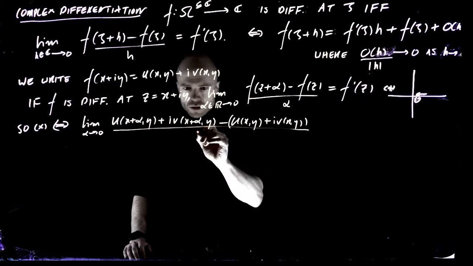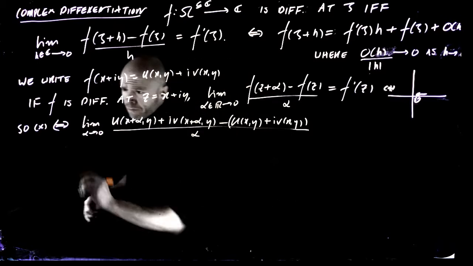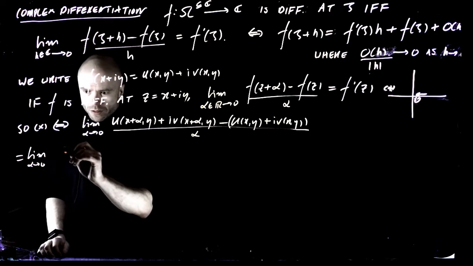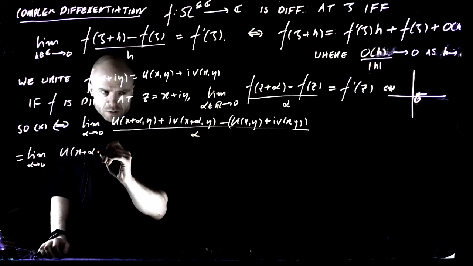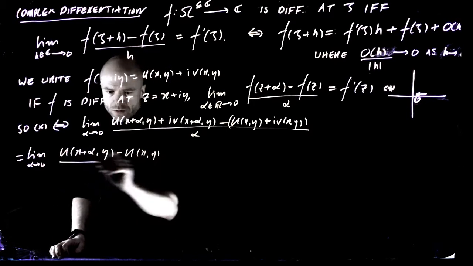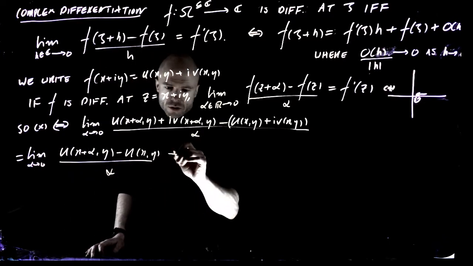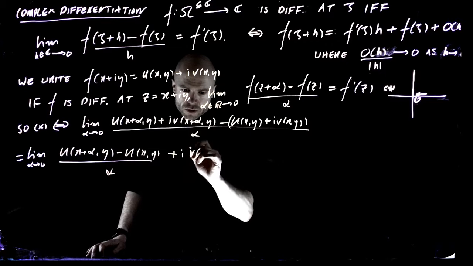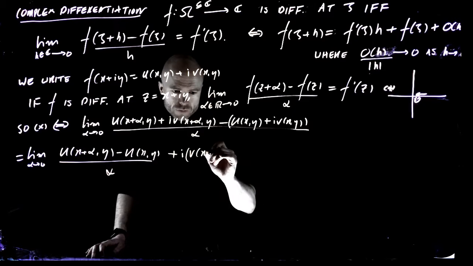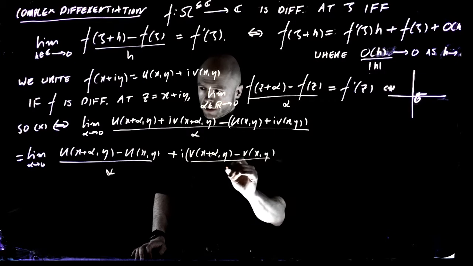This limit has to exist, right? We can break it up into the real and imaginary parts together. So that's equal to the limit as alpha goes to 0 of u of x plus alpha, y, minus u of x, y, over alpha, plus i v of x plus alpha, y, minus v of x, y, over alpha.